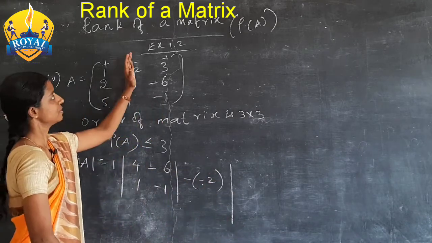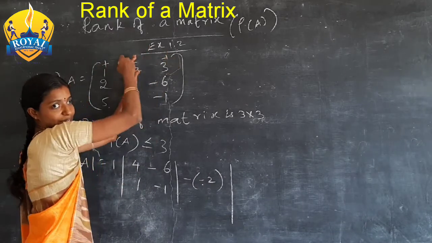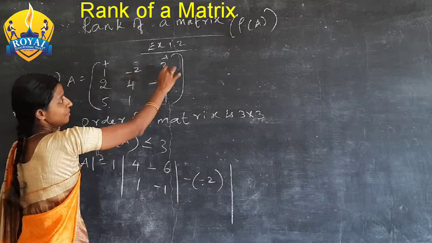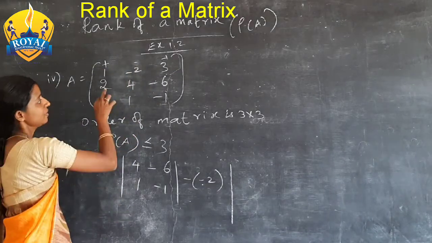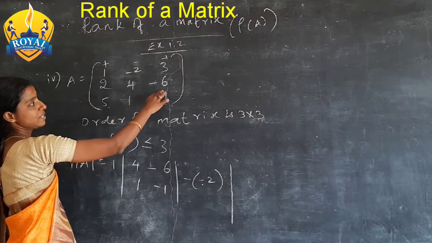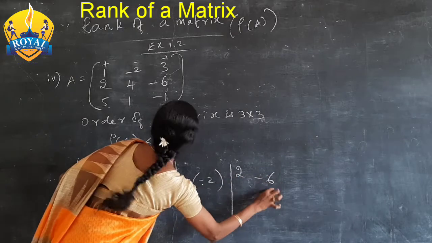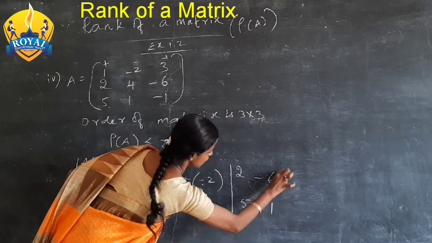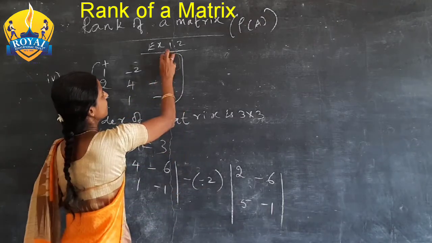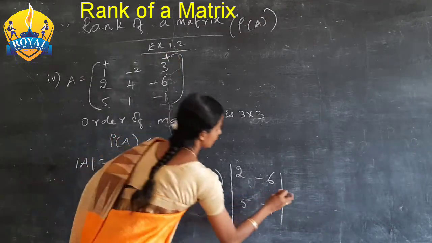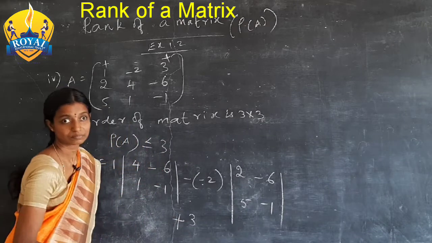Deleting the corresponding column and row, the remaining elements inside the determinant are 2 minus 6, 5 minus 1. Now my third position here is plus, so plus 3.